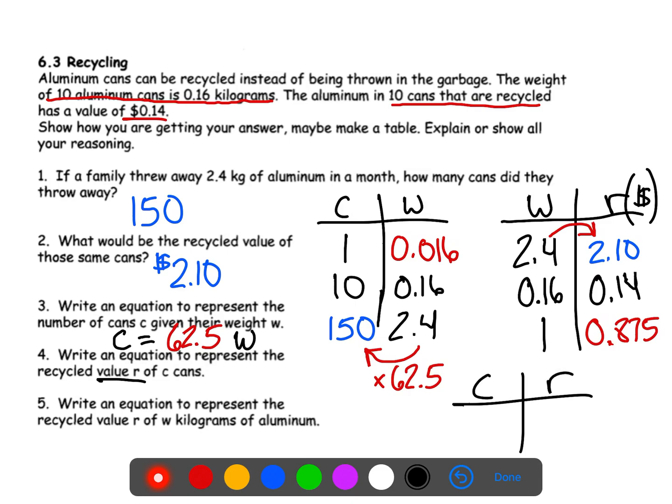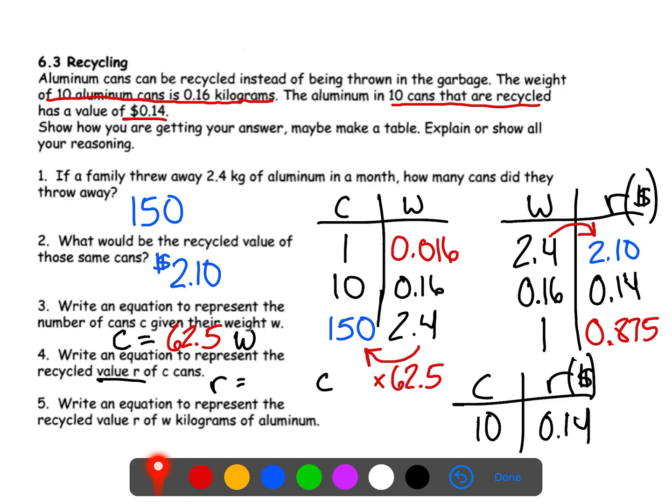We know that 10 cans have a value of 14 cents from our original information at the top of the problem. Now, let's start this equation so we start writing it correctly. We want to find the value by inputting the number of cans with the constant of proportionality. So, if I input the number of cans, what do I multiply by to get that value? Let's divide. Let's find the constant of proportionality here, or what is the value of 1 can.